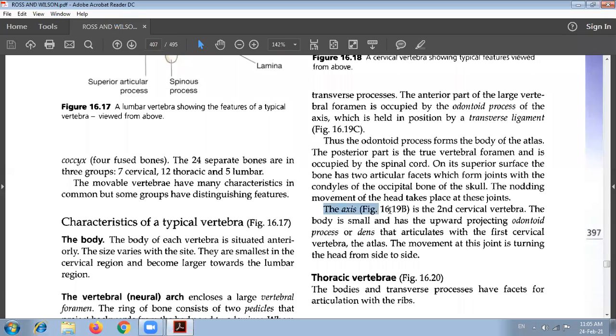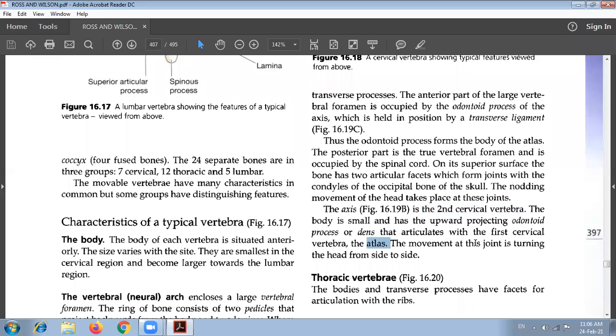The axis vertebra is the second cervical vertebra. The body is small and has an upward projecting odontoid process that articulates with the first cervical vertebra, the atlas, and in that foramen, the odontoid process is inserted.